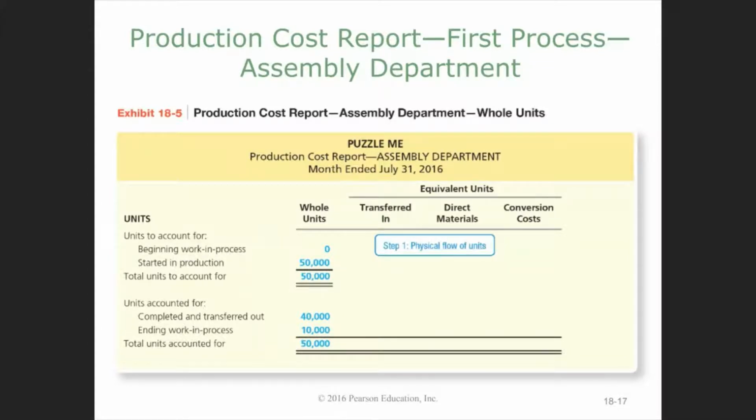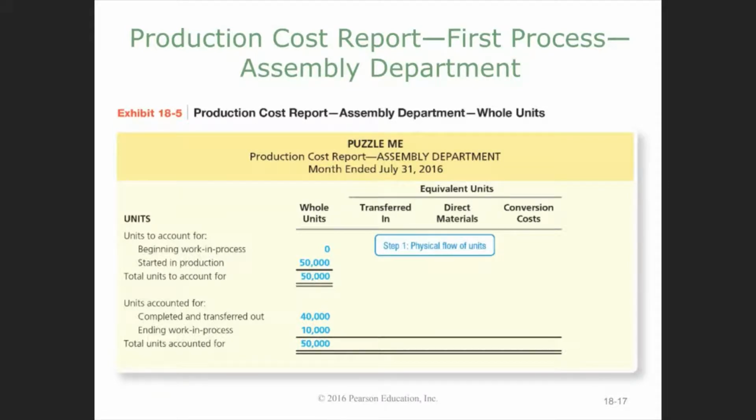A production cost report, we have first the process and assembly department. So our production cost report here is for Puzzle Me, and we've got our units to account for. They're going to start us with our beginning work in process and our started production, and that's going to give us our total units to account for.